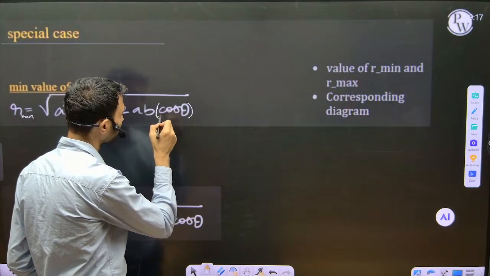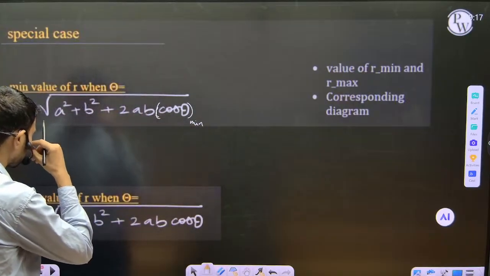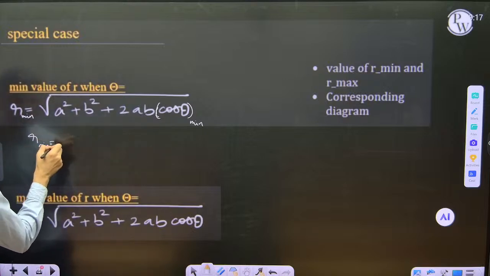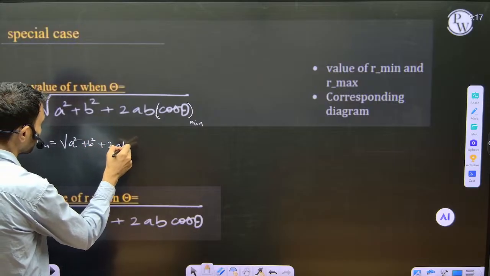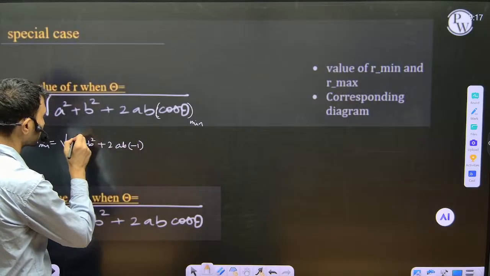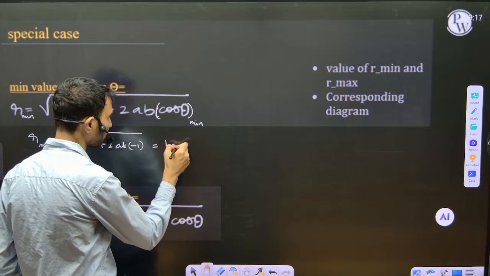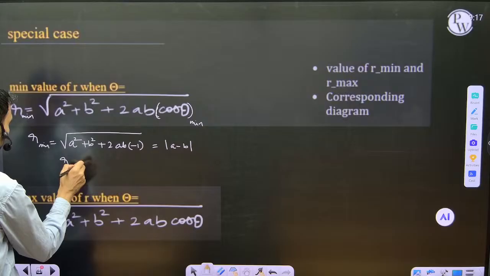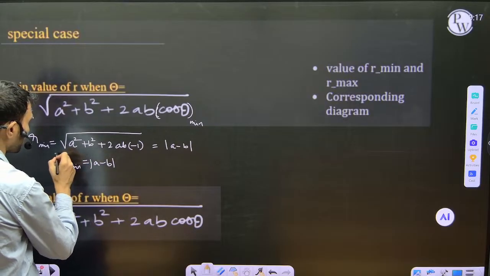Cos theta will also be minimum, right? So R minimum is equal to under root of a square plus b square plus 2ab cos theta, and the minimum value of cos theta is -1, which is basically mod of a minus b. So that is the minimum value of R, mod a minus b.